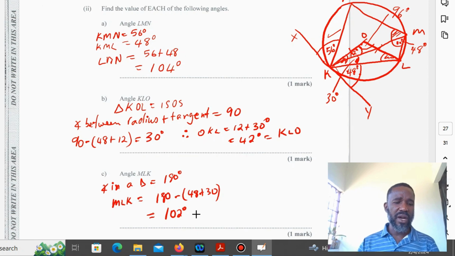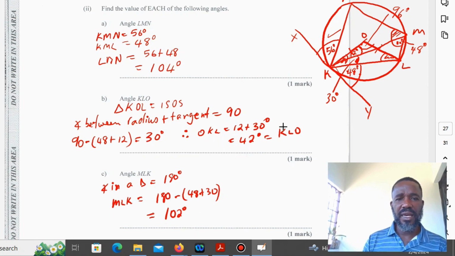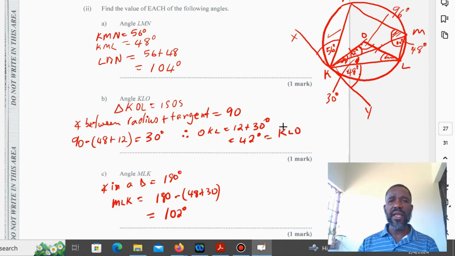And that's how we would have gone about solving for that answer. So therefore, MLK is equal to 102 degrees. And let's move to the next question.